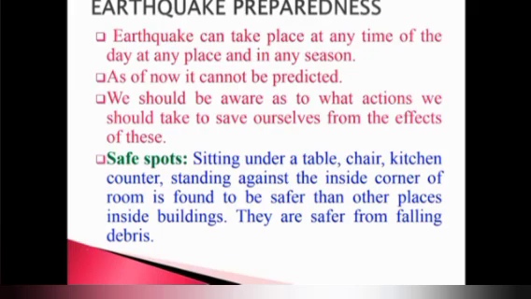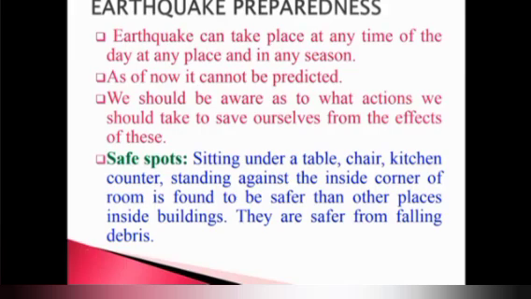The first one is safe spots. Safe spots means sitting under a table, chair, kitchen counter. Standing against the inside corner of a room is found to be safer than other places inside buildings.